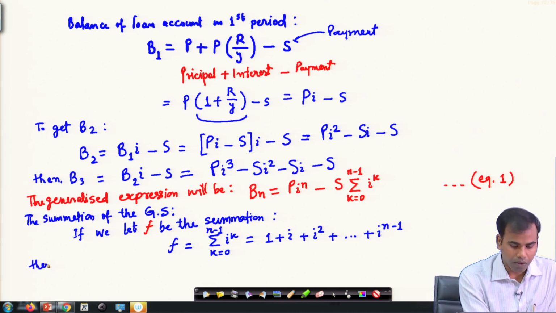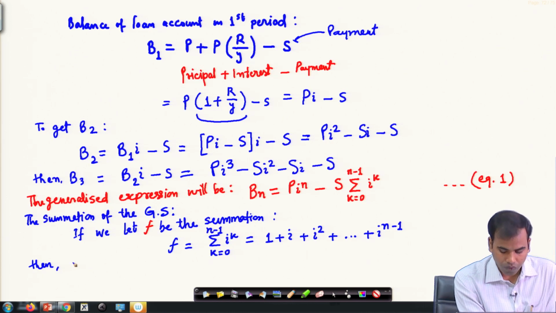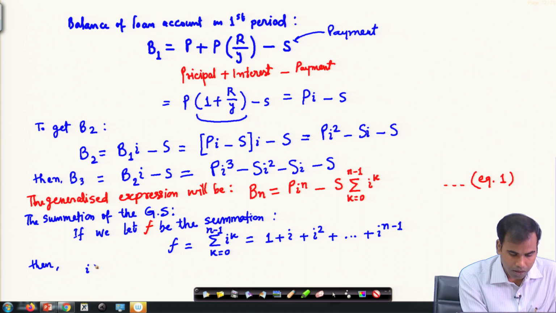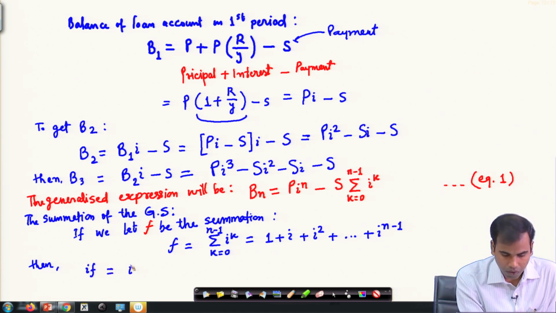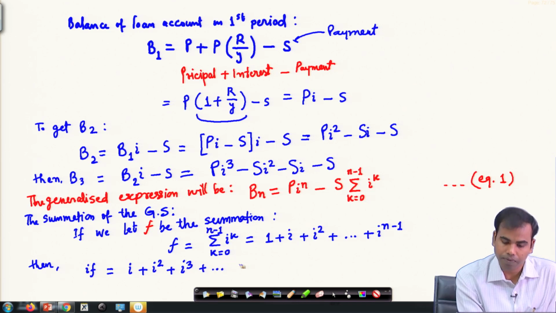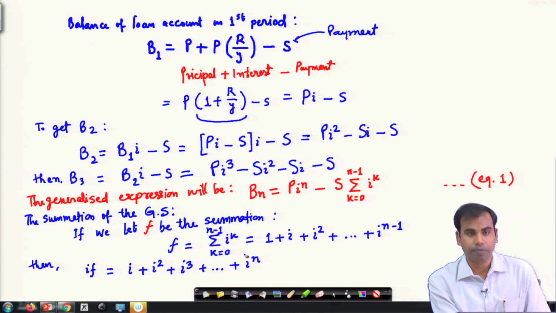And then we can say that I into f is equal to I plus I squared, I cubed and so on till I to the power n.